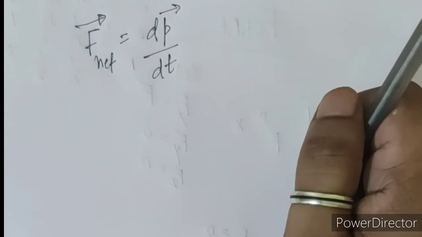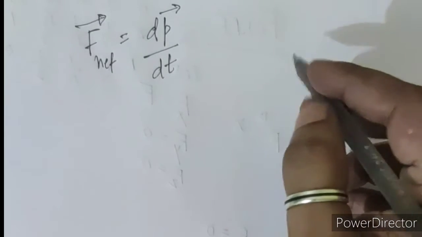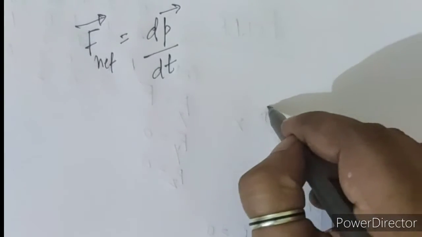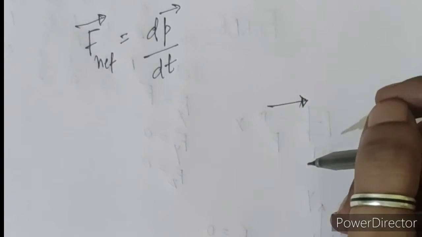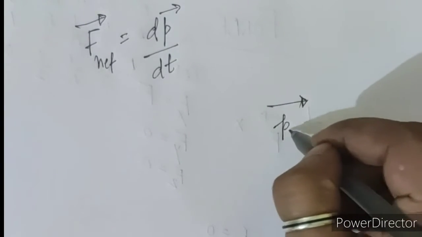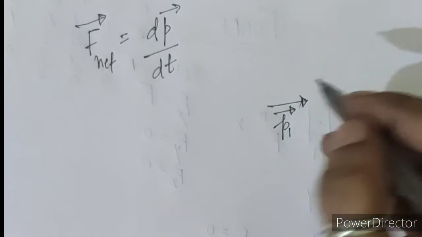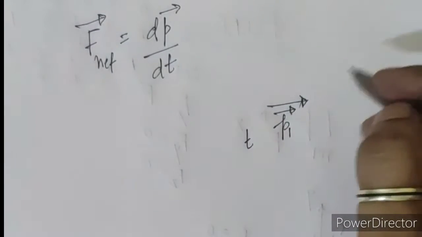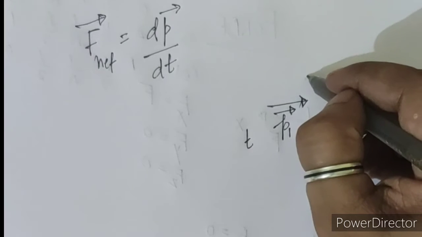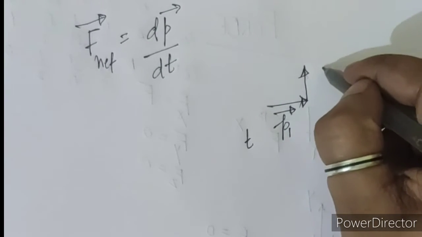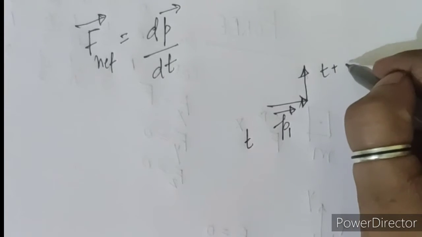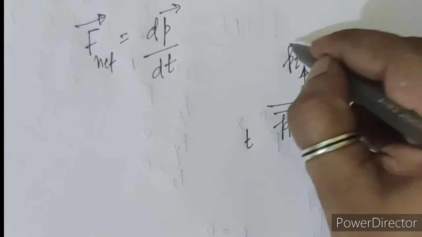Say this is p1 vector at a certain instant of time t, and after a small time, say t plus dt, this is the vector. So say this is p2 vector.